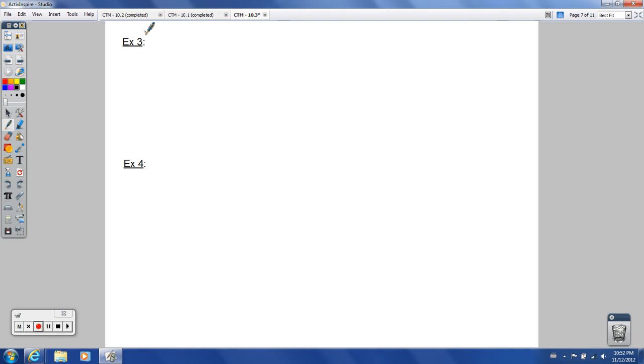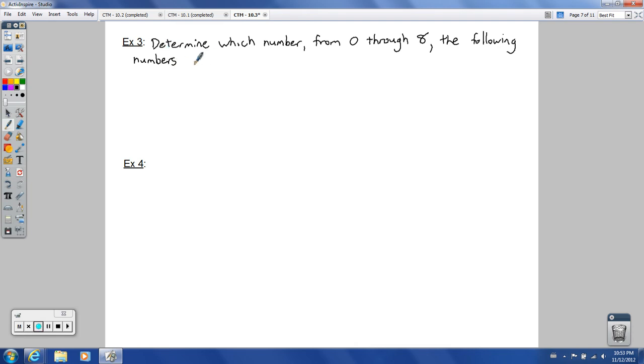So for example 3, we are going to determine which number from 0 through 8 the following numbers are congruent to in modulo 9.